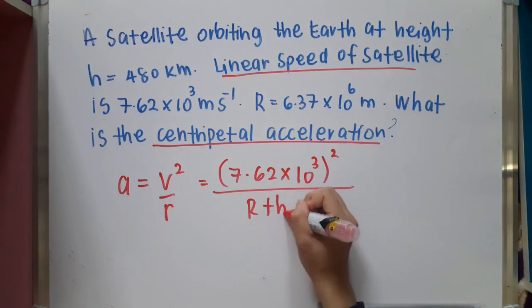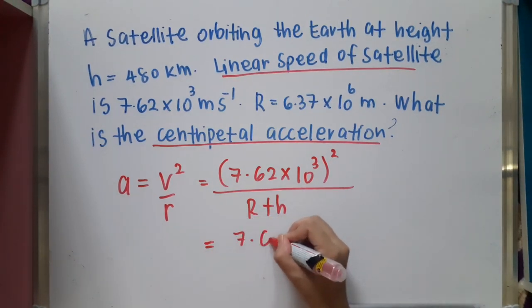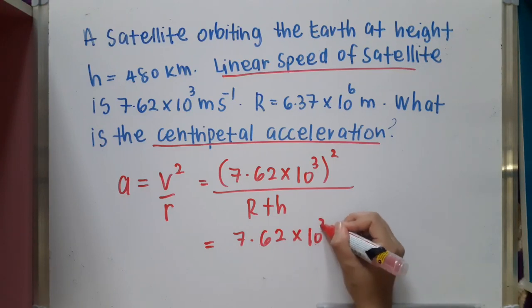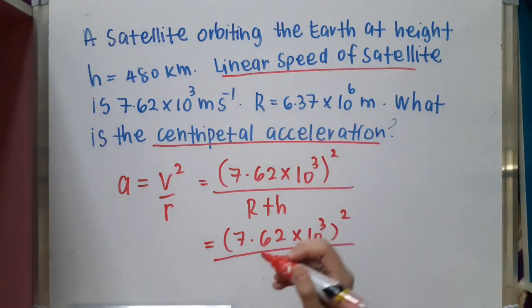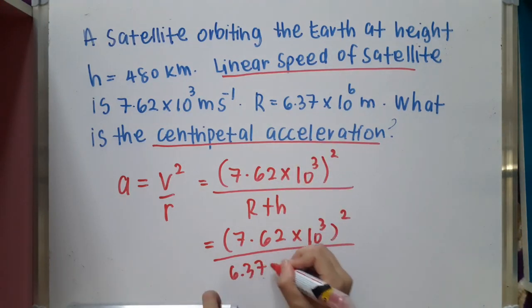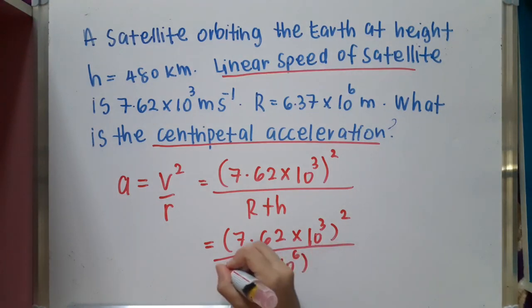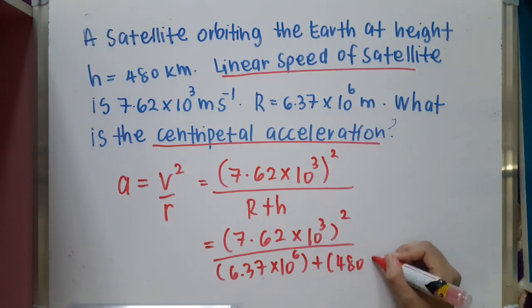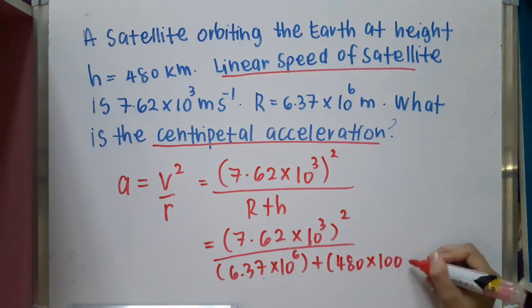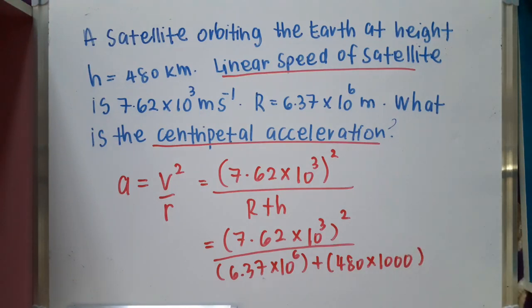So (7.62 times 10 to the power of 3) square divided by (6.37 times 10 to the power of 6 plus 480 kilometer), but you need to times 1000 so that you will get it into meter. Okay, because meter is the SI unit for distance, length. Okay, and the final answer we have is 8.48 meter per second to the power of 2.